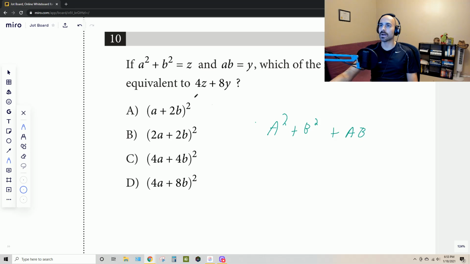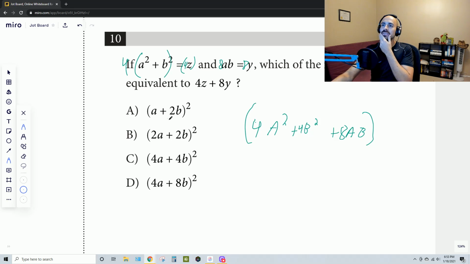If we want this to be 4z, we want both of these terms to be 4. So it would now be 4a squared plus 4b squared. And then to get this to 8y, we'd want to multiply both sides by 8. So that would be this. Now, as we look at this problem here, when we think about how we go from here to one of these answers, what we can think of is, if I FOIL these out, will it get me to the right answer?